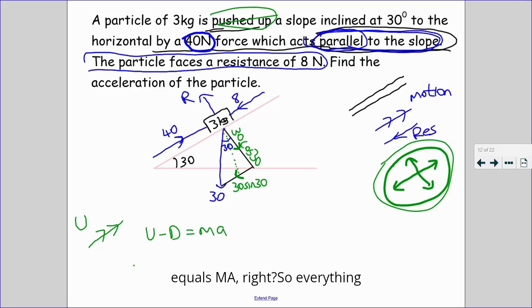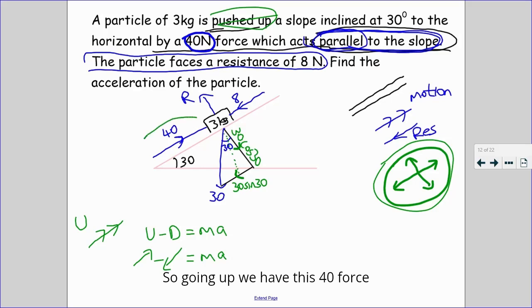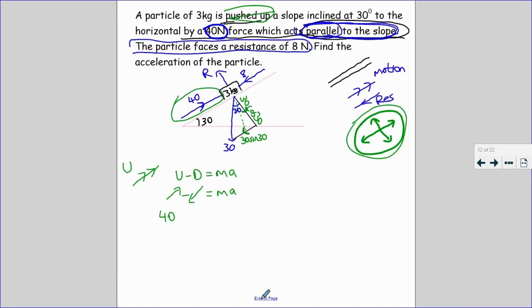So everything going up minus everything going down equals ma. First find the forces which are going up. So going up, we have this 40 force. And that's the only force going up, right?